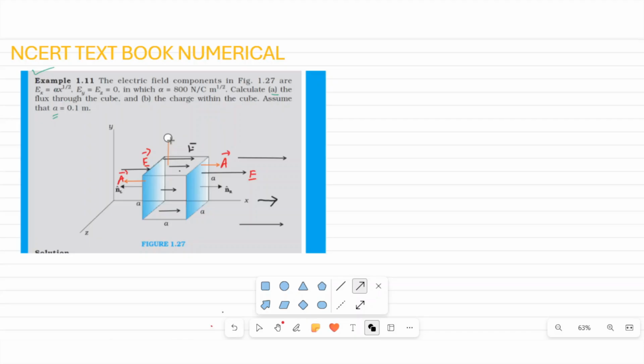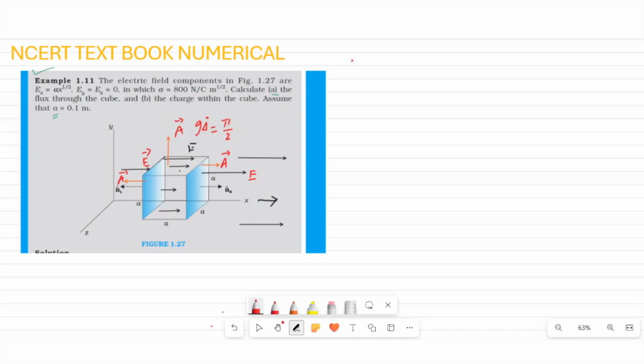So for all these four surfaces which are not blue, the angle theta between E and the area vector is 90 degrees, that is pi by 2. So these four surfaces will not contribute any flux.